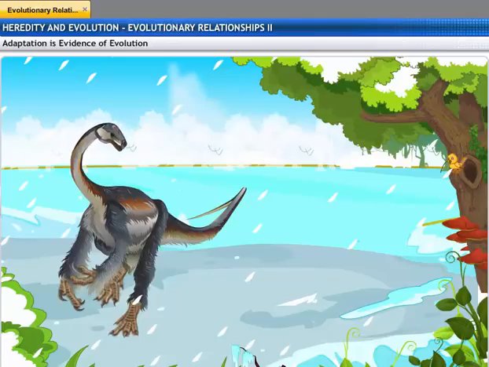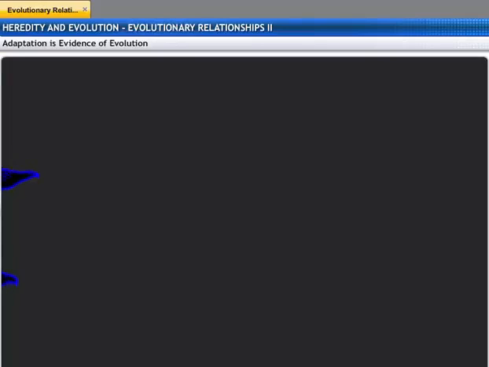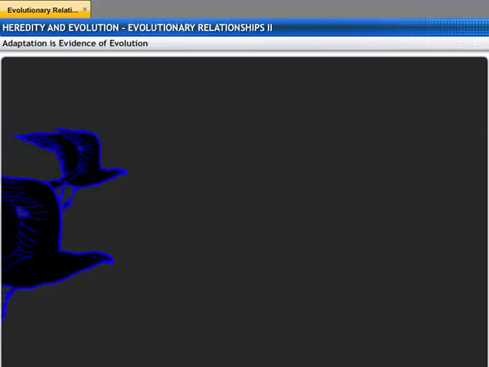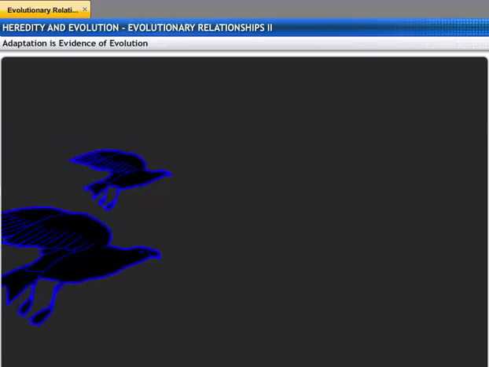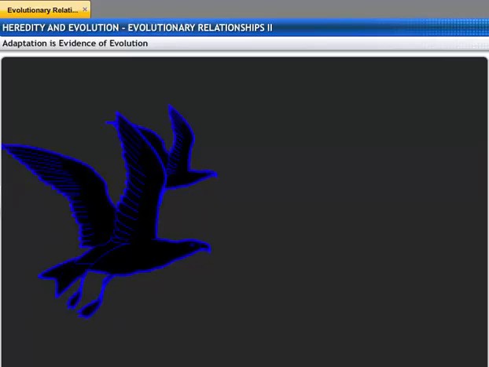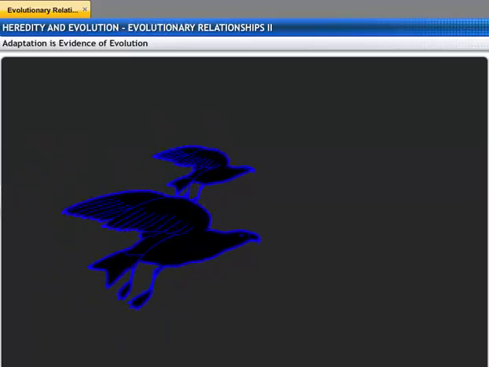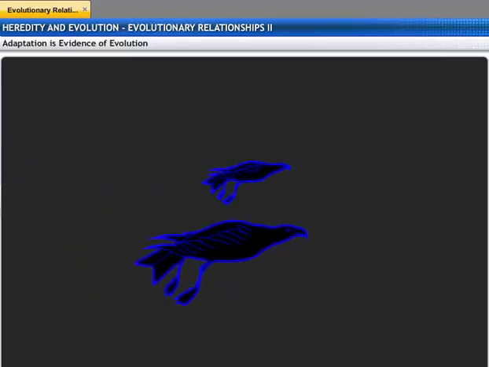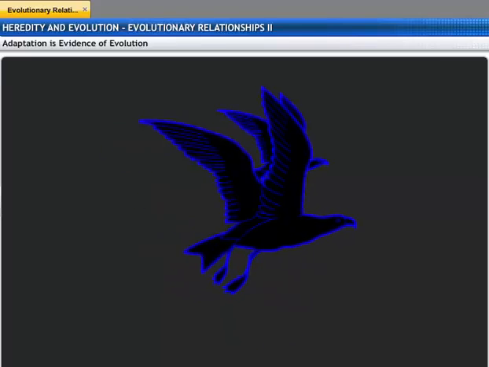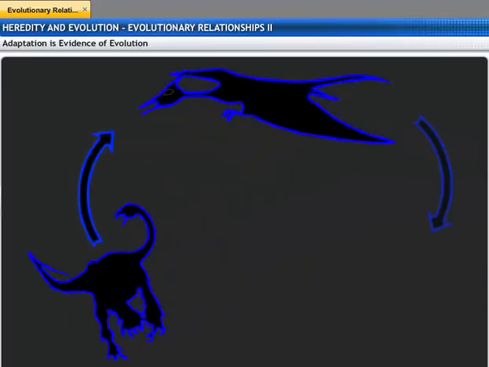In the present day, birds use feathers for flight, which is an example of adaptation. This means birds are closely related to reptiles. Thus, we can say that adaptation is an evidence of evolution.